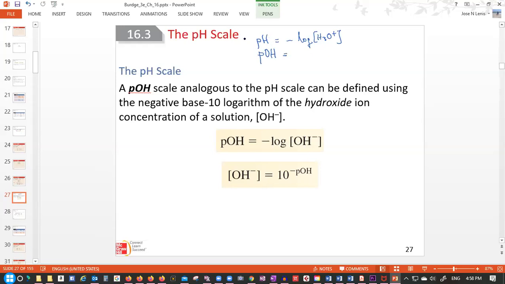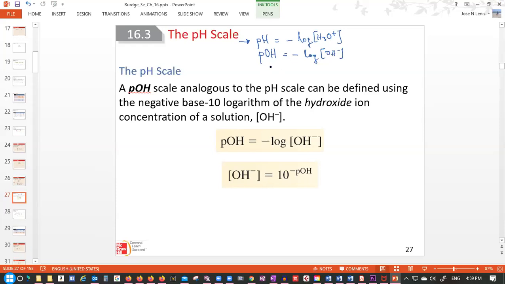If this calculation gives you the hydrogen potential in the solution, the pOH will give you the hydroxide potential in the solution. So pOH equals negative log of concentration of OH minus, like that.